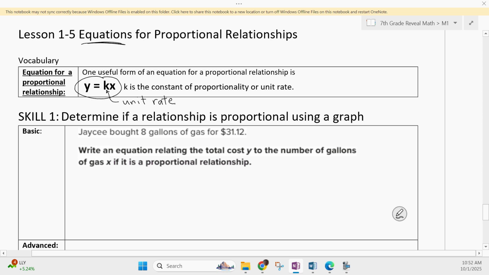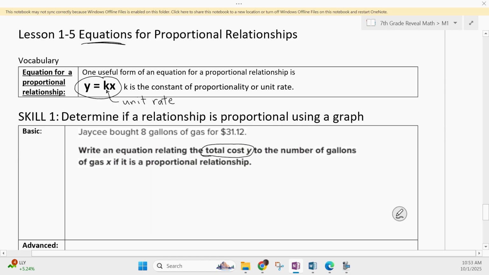JC bought 8 gallons of gas for $31.12. Write an equation relating the total cost Y. Everybody, instead of saying that long phrase total cost, now we can just say Y, and everyone knows we're talking about the total cost. See, it's not complicated.